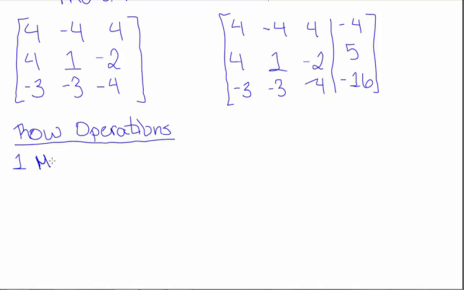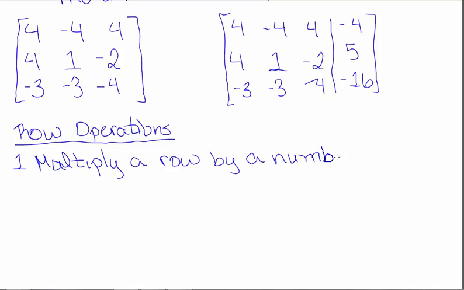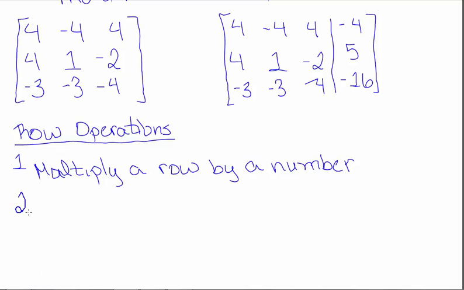So here we can multiply a row by a number. The second thing we could do, I said we could add two equations together.